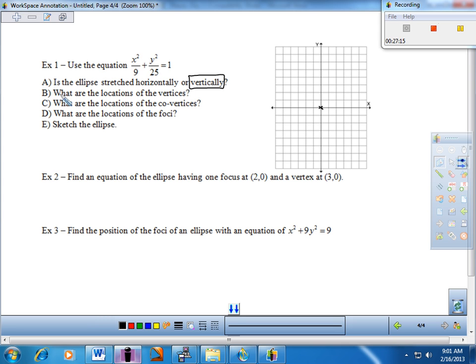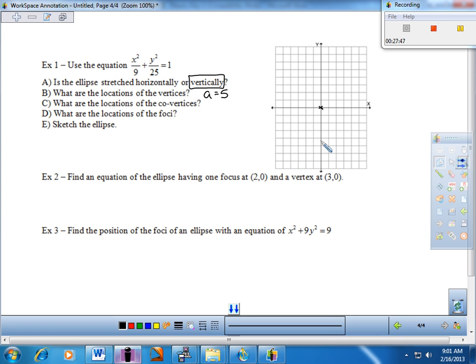So letter B, what are the locations of the vertices? As soon as I hear the word vertices, I'm thinking a, and I hope everybody is in agreement that a is 5 units, because a squared is 25. And here would be the question, everybody. From our center, do we want to go left and right to our vertices, so horizontal, or do we want to go up and down to our vertices?